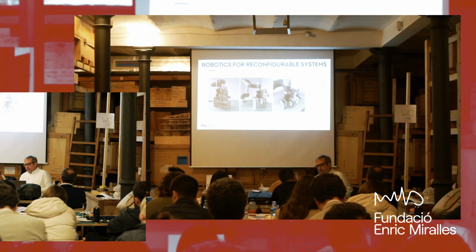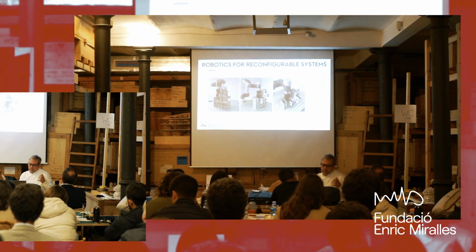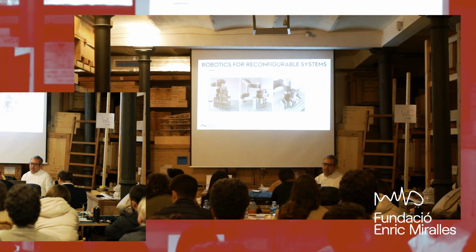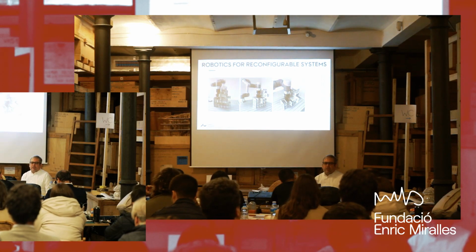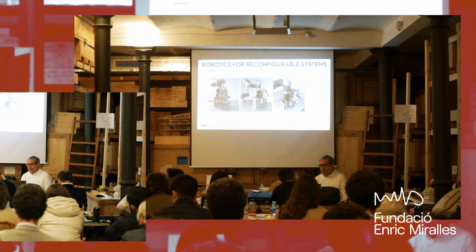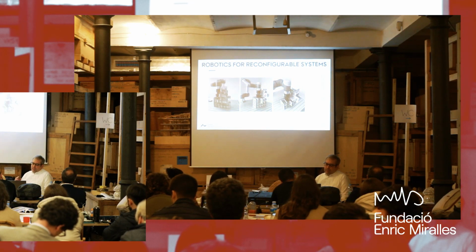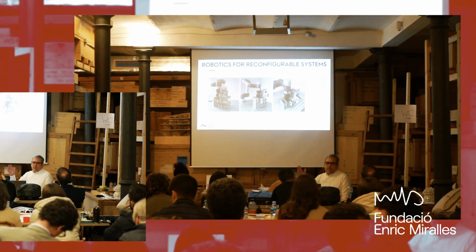And one of the first studies here is related to what I've shown before. It was the idea to look into building systems, to look into construction systems that have these interlocking connections, and that can be assembled with a robot in an automated manner, but also taken apart again.